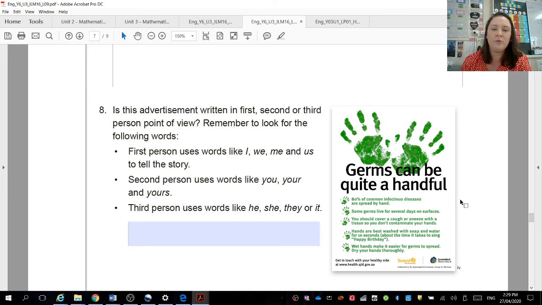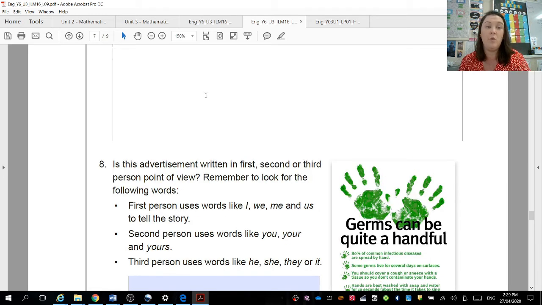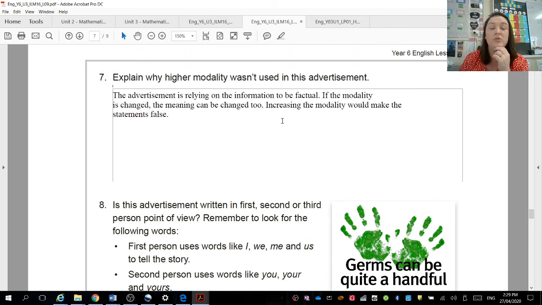If you change most of those facts to highly modal language, it's changing them to facts that could be incorrect. So that may be a reason why it is not used high modality.